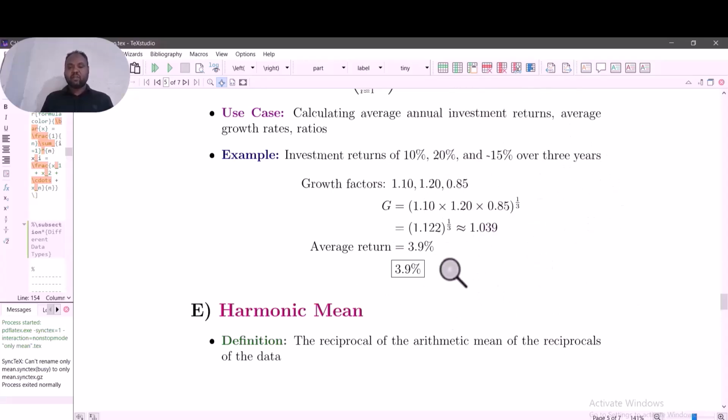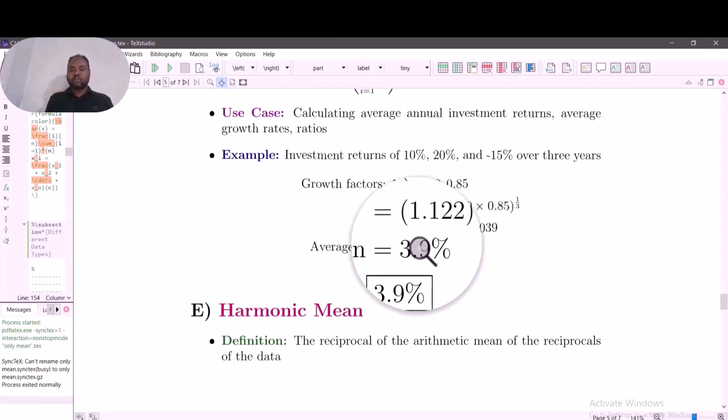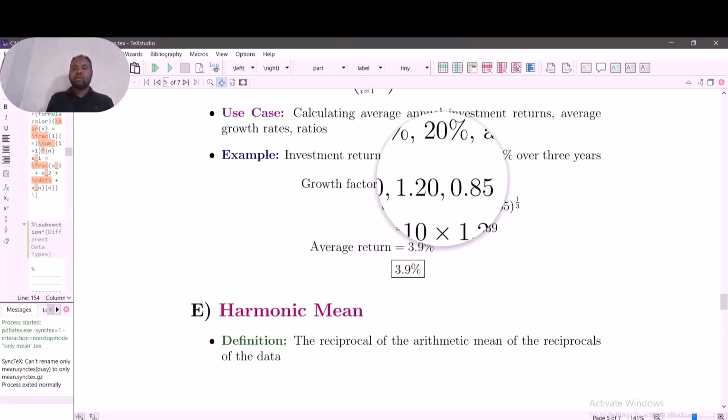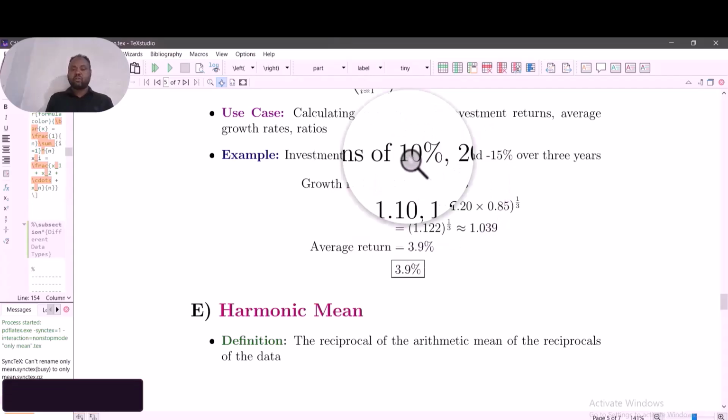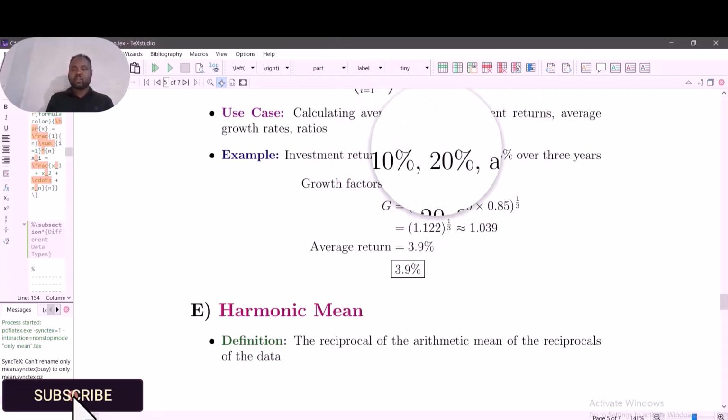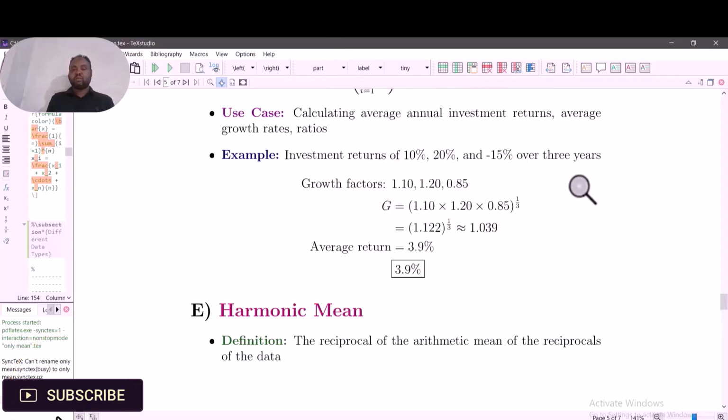This is nothing but using the geometric mean. But to compute with these numbers, which are expressed as percentages, we need to convert them into growth factors without loss of information.